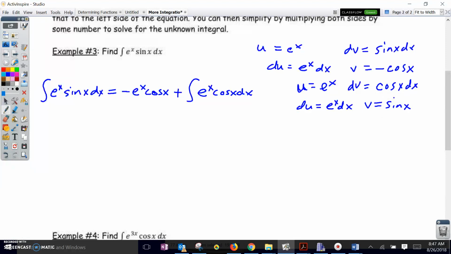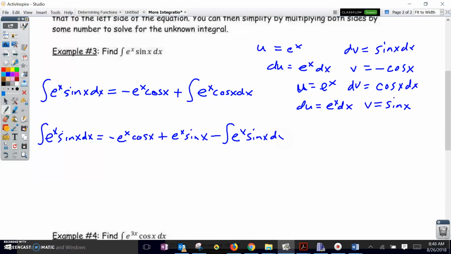And so now, taking my equation again, got integral of e to the x sine of x dx equals negative e to the x cosine of x plus u times v, which is e to the x sine of x, minus the integral of v du. And what you should notice now is that these two integrals are the same.